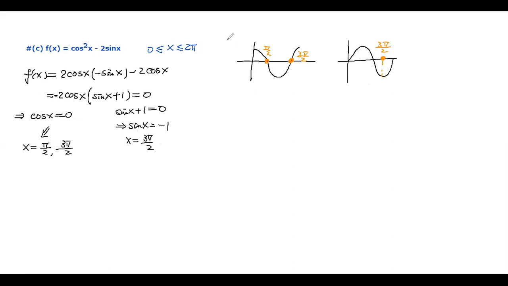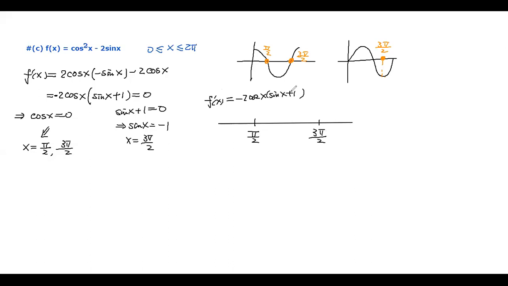And after that, the same old, right? Let's put it on the number line here, okay? And then here I put pi over 2, and this one here is 3 pi over 2. Now I'm going to put my f prime x here, right? So f prime x, I have a negative sign in the front, and it's 2 cosine x times sine x plus 1.